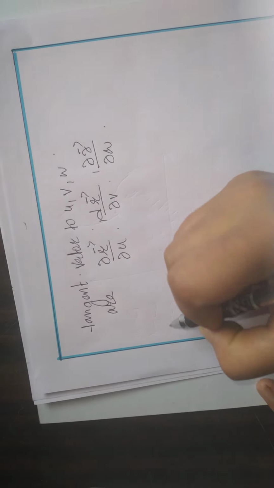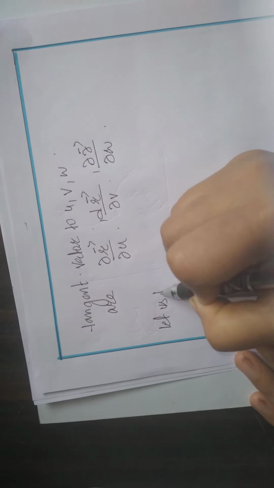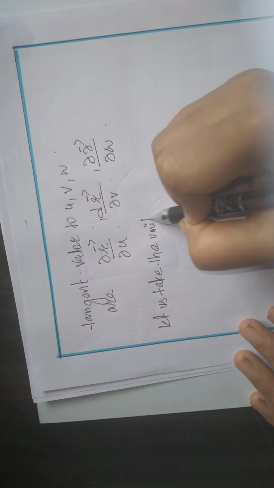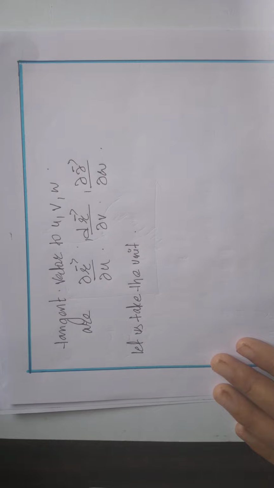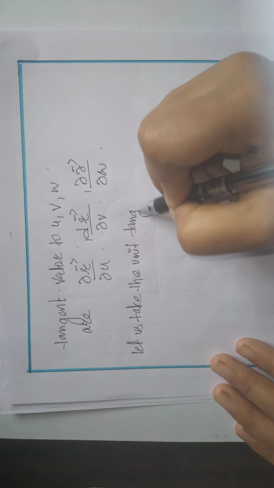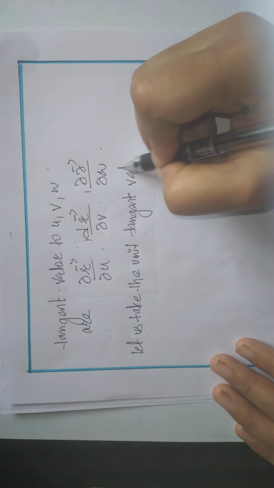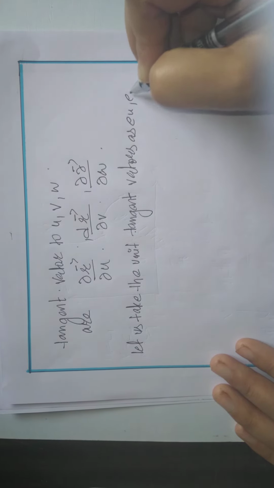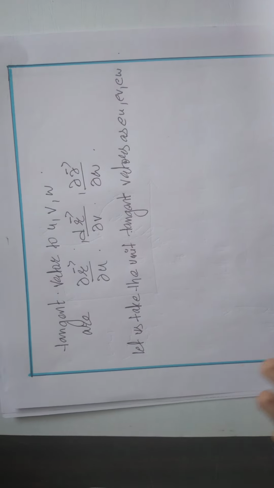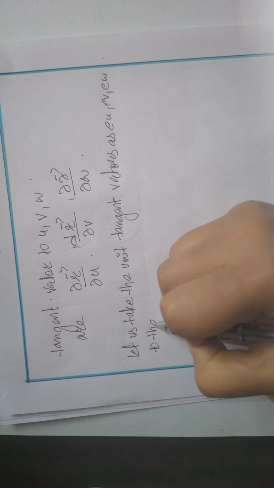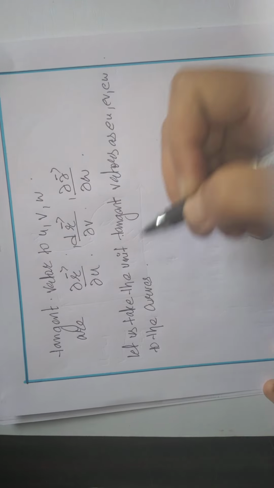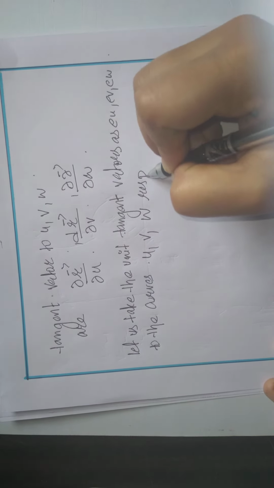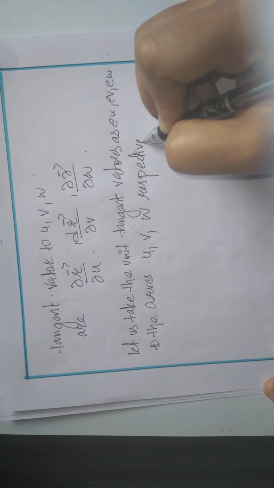Now let us take the unit tangent vectors as EU, EV, and EW to the curves u, v, and w respectively.